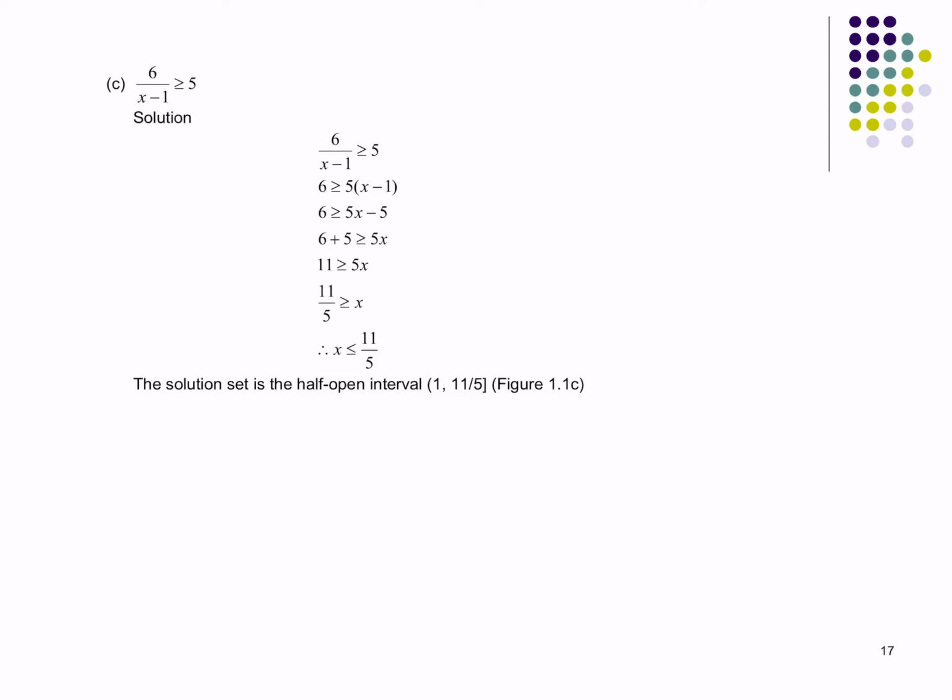So just like the previous 2 examples, you move x minus 1 to the right hand side of the equation to be multiplied with the 5, and then you will have 6 that is greater than or equal to 5x minus 5. Then you move the number minus 5 to the left side of the equation, and it becomes plus 5 with 6. Therefore you get 11, which is greater than or equal to 5x.